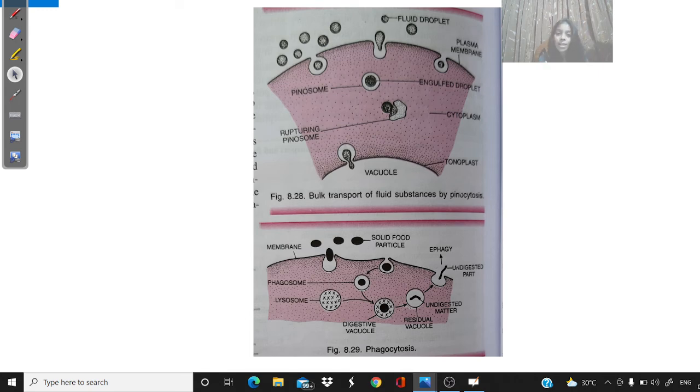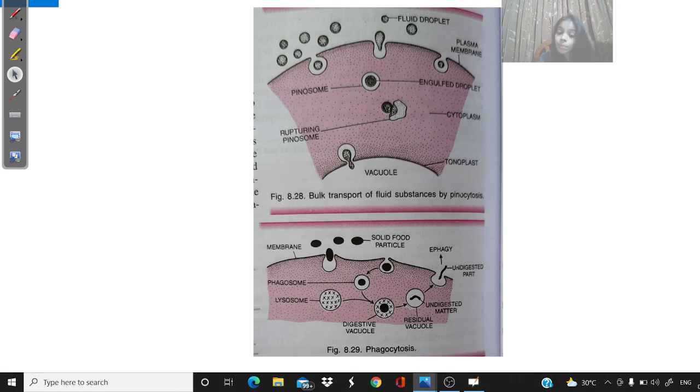When it is digested, it gets absorbed into the cytoplasm and the cell uses that for its own purpose. Now, whatever is taken in is not all digested. Some part remains undigested. So that undigested matter cannot be stored in the cell. It has to be got rid of.